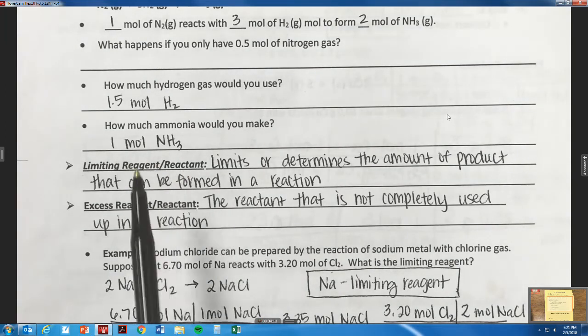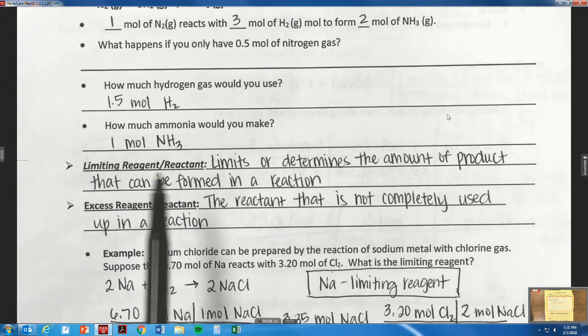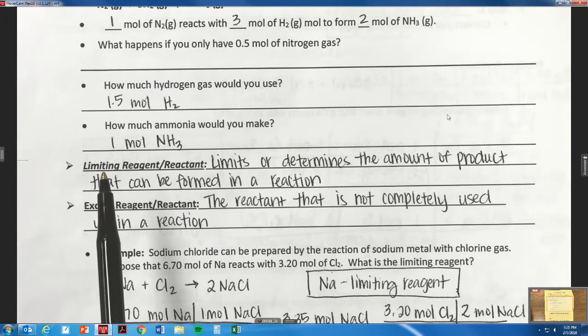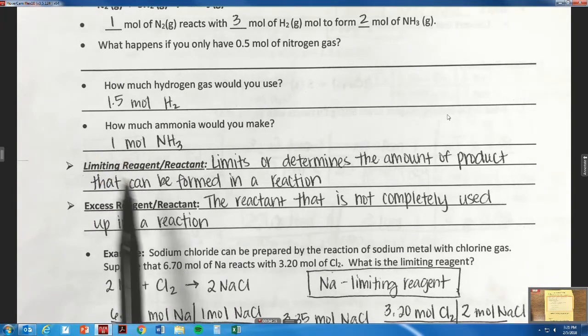Just like in our lab from last week when we were making s'mores, our limiting reagent or reactant was our chocolate and our graham crackers. We were only given enough to make 4 per group, right?